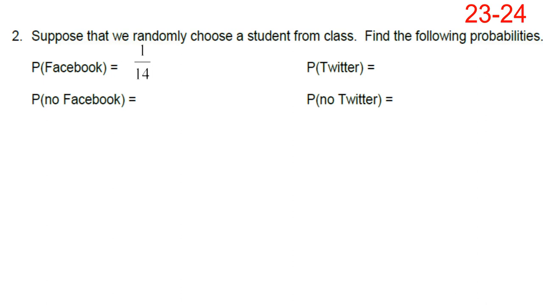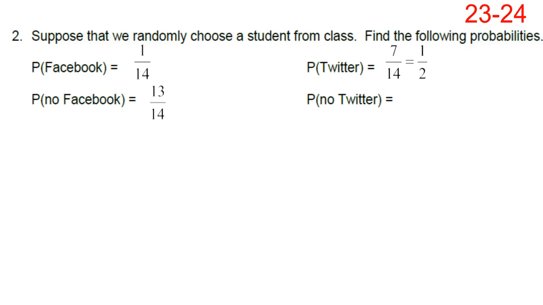The next one was you are a Twitter user. So if we look at our table, Twitter is the left column side. You have your 7 people that use Twitter. So 7 out of 14 is 1/2, or 50%. The non-Facebook users, that is our second row of the table, and so that was a total of 13 out of 14.